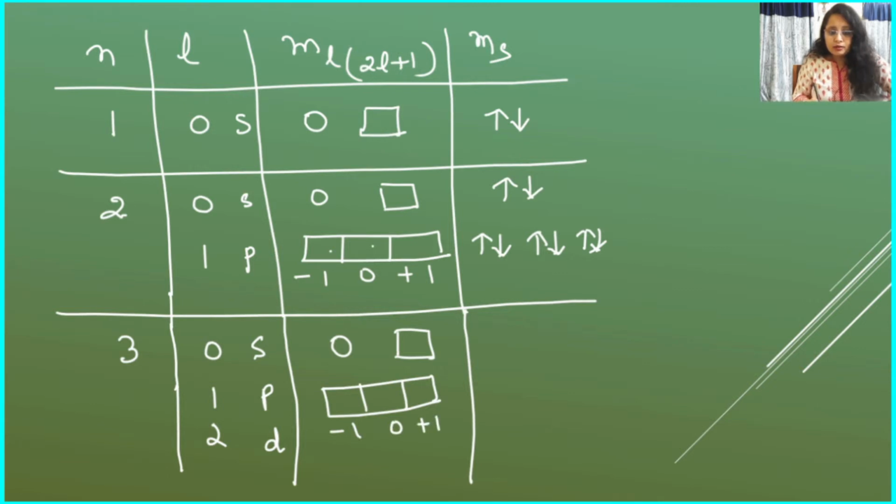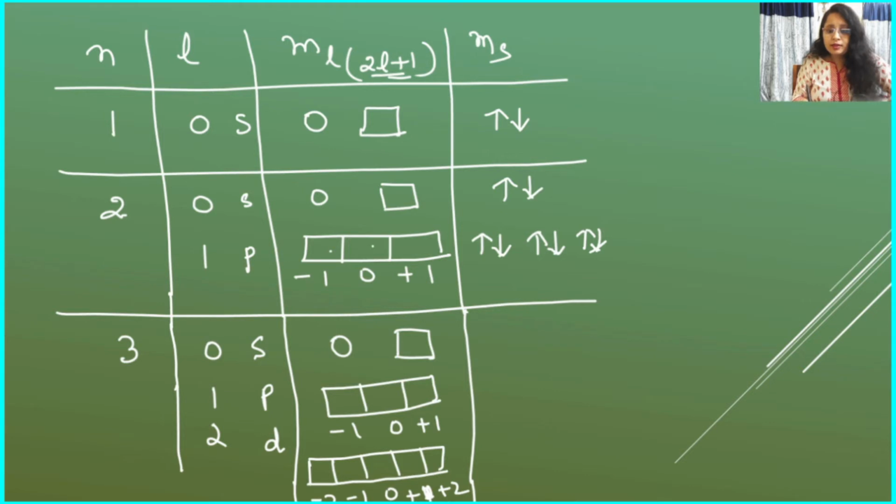And for d, or we can say l is equal to 2, we have 5 values. Using 2l plus 1, we will get 5 values. So we will make 5 orbitals over here: 1, 2, 3, 4, 5. The values should be minus 2, minus 1, 0, plus 1 and plus 2.